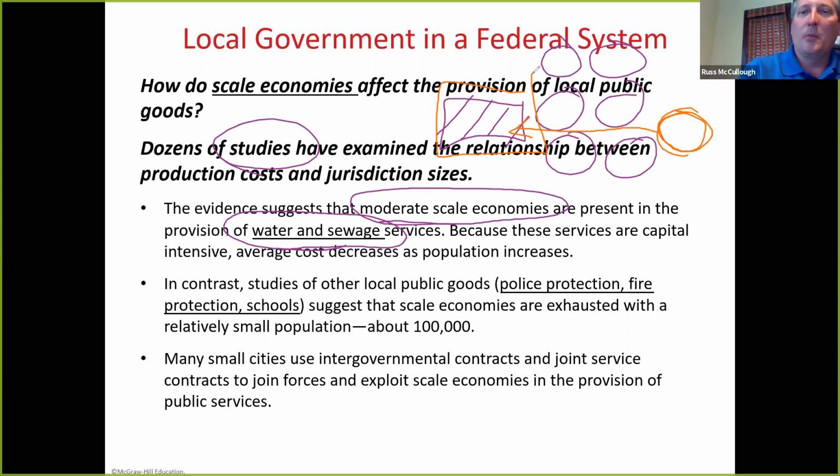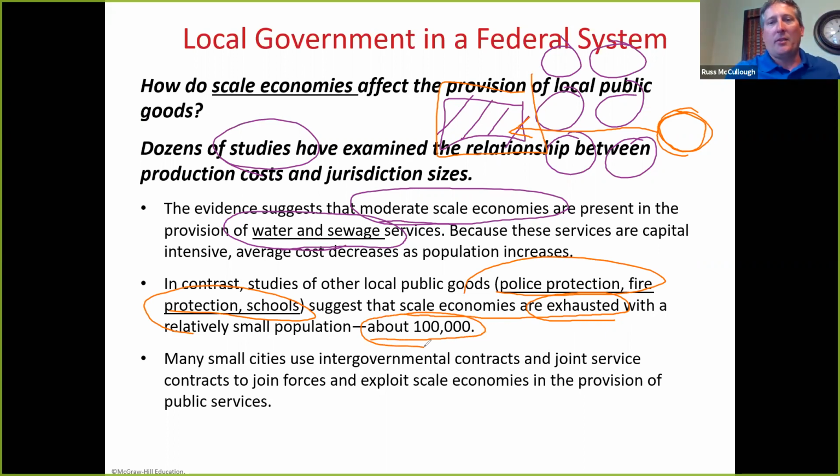However, when we get to police and fire protection in schools, scale economies seem to be exhausted with about 100,000 people. So once you get up to about 100,000, you're not getting that much additional benefit. In other words, we need to keep adding on more people proportionately as we bump above 100,000.